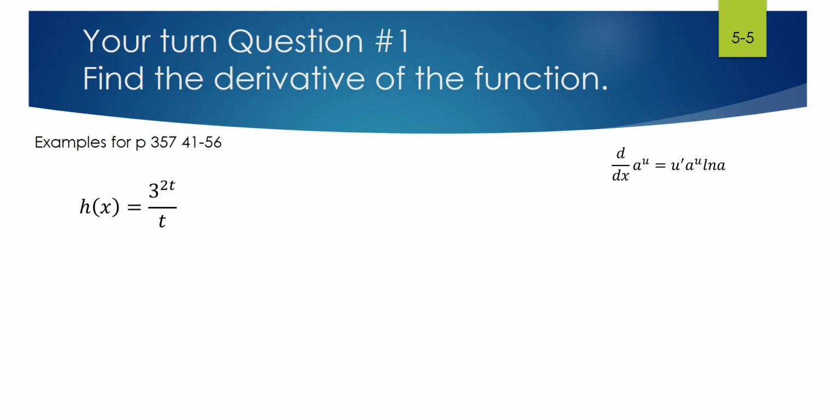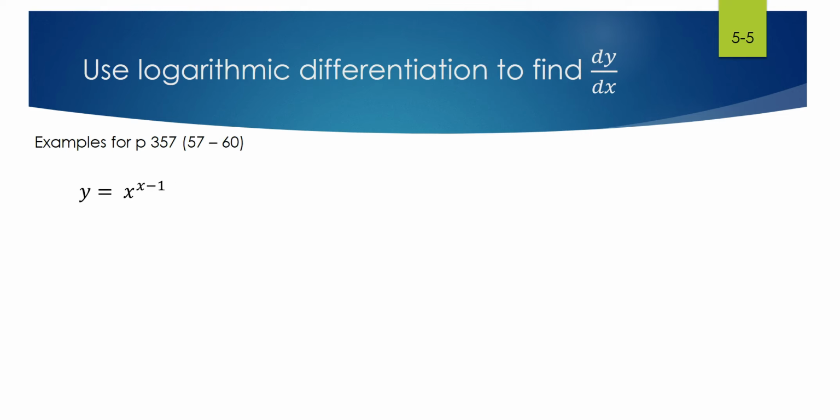Okay, so now this is your turn. What lesson would be complete without a quotient rule? So make sure you know all your rules, keep all of your pieces organized, and you're going to be just fine. When you get to problems 57 through 60 in the homework, you're going to notice that they look very different. You are given a rule for a to the u, where a is a constant.